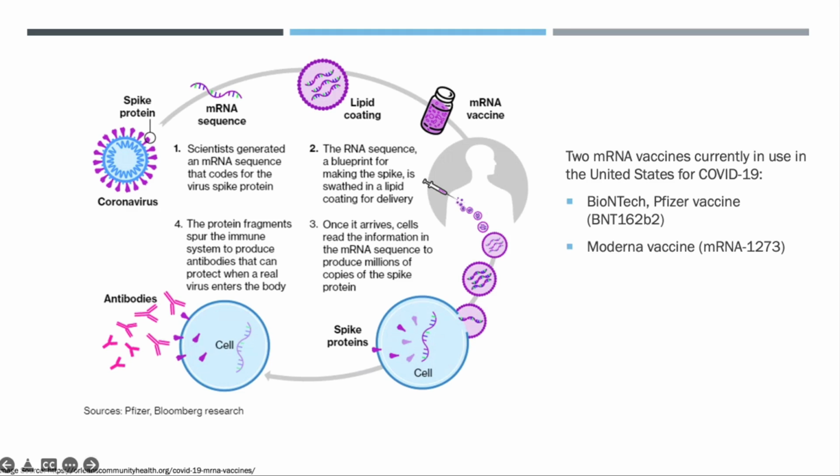Once it's administered into the body, the cells take up the lipid nanoparticle and use the cell's machinery to produce that protein, which the body then recognizes as a foreign product and develops antibodies to it, leading to protection on re-exposure. And of course, we know of both the Pfizer and Moderna vaccines that use this concept widely in the U.S. now.